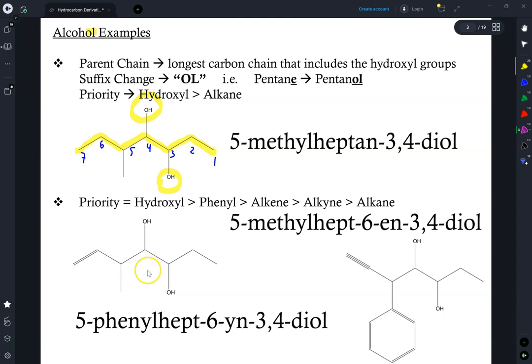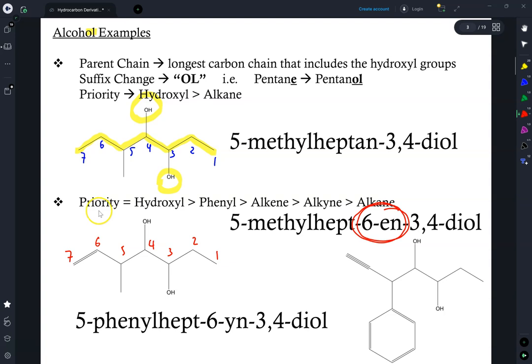In our next example, the molecule is almost identical, but now I've placed a double bond on this side over here. What I want to know is if the double bond is more important than the hydroxyl groups. Looking at the name, we see that the double bond is located on the number 6 carbon, 6-ene. So they are still prioritizing the hydroxyl groups. The hydroxyl groups still must get the lower number.